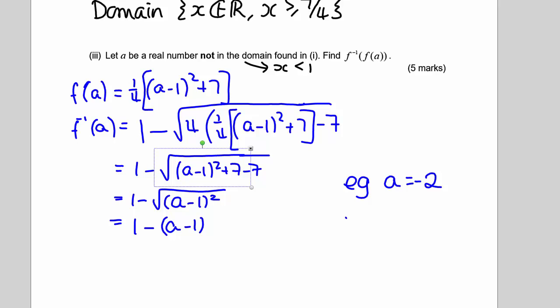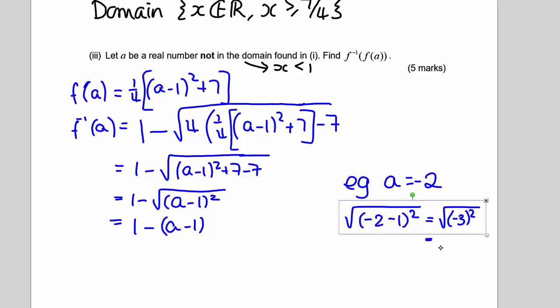If I do the square root of negative 2 take 1 all squared, that's the same as the square root of negative 3 all squared, which is the same as the square root of 9, which is 3. But if I just got negative 2 take 1, that doesn't give me 3. Whereas if I switch it around and I say 1 take a, that would be 1 take away negative 2.